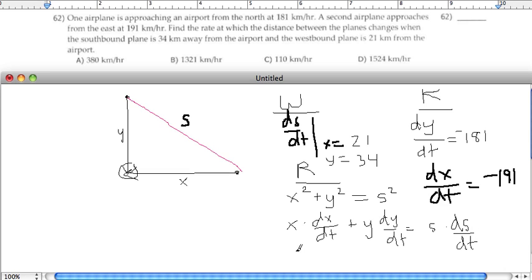Put the x, the y, and then this s right here. You're going to get that s by plugging 21 and 34 into the equation here. And you're trying to find ds/dt, so plug in all the numbers and you'll get your ds/dt. There you go. That's a wrap.